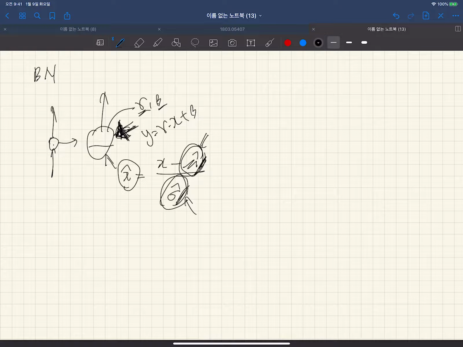Without gamma and beta, the batch normalization actually just prevents learning. Without these parameters, your learning process becomes very slow and very inefficient. But with gamma and beta, you can slowly store some information about your data, and then you can train something.